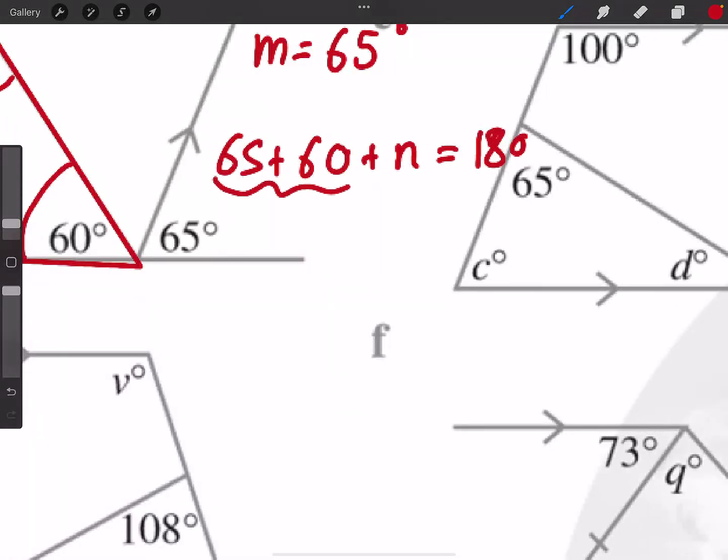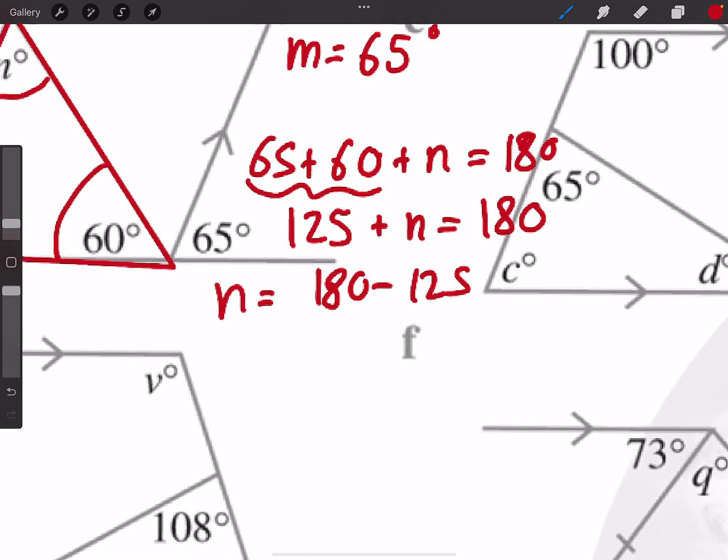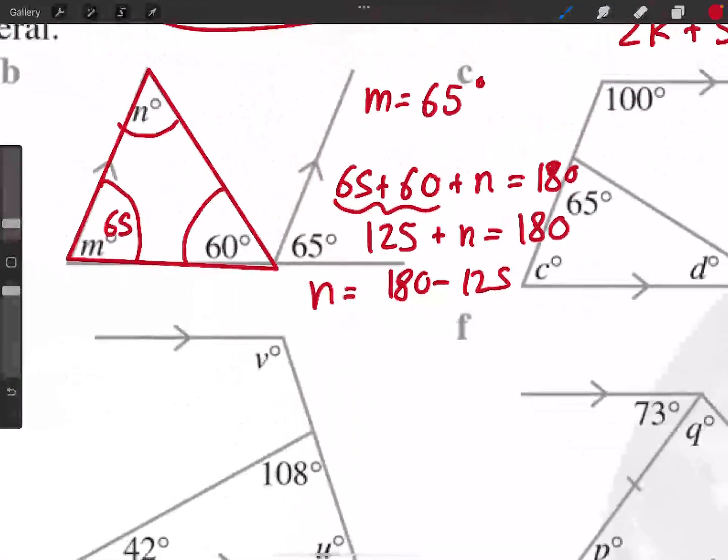So these two added up to 125 degrees plus the angle N equals 180. So therefore N is equal to 180 take away 125 to find the difference, and that should give us 53. Yeah, no, sorry, 55. So therefore this must be 55 degrees.